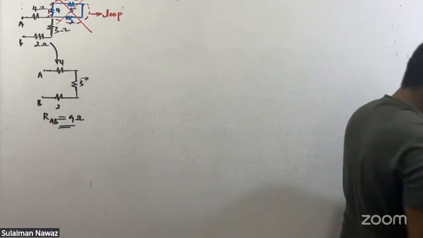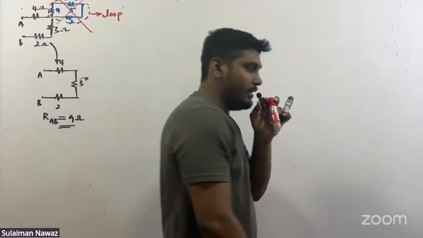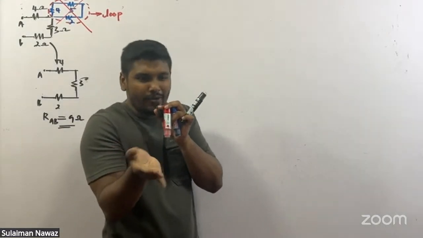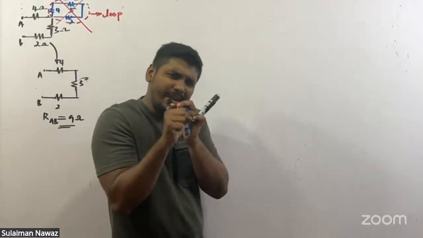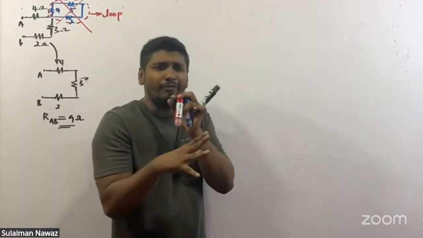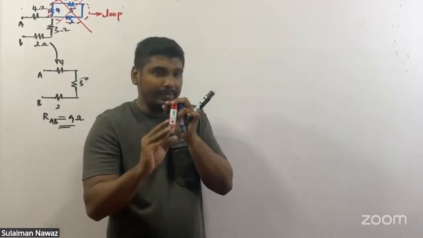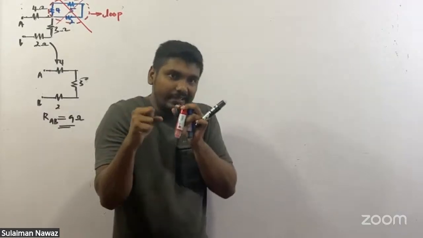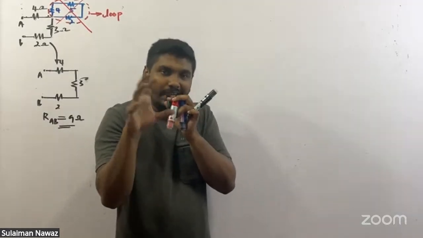Now simplify this one. Now remember, these are wires. These are kind of wires you can bend like your copper cable. You can bend the wires the way that you want, and you can form the shape that you prefer. Sometimes they give the circuits such that you should bend it. Then only you can get the right idea.